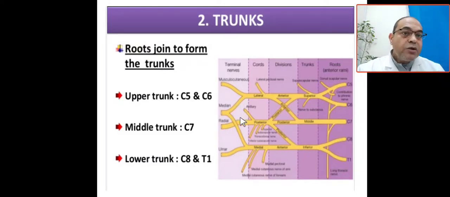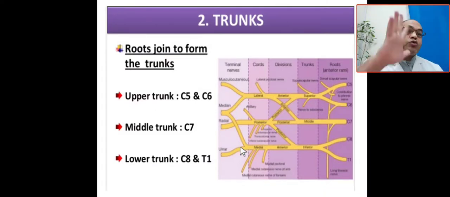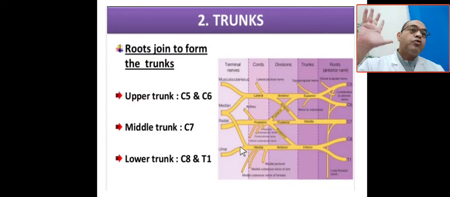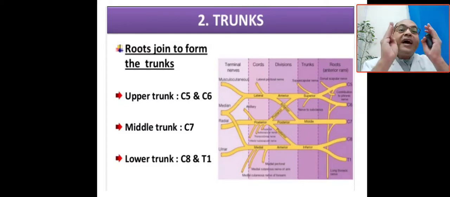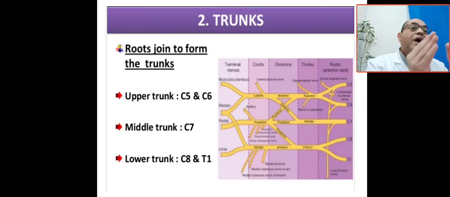The middle trunk is C7, common with scapular winging. And the lower trunk, C8 and T1, is Klumpke's paralysis. It will be associated with claw hand, or ape hand, and also an absent grasp reflex because of weakness of the hand, or weakness of the thenar muscles of the hand. So you have to know the site of the lesion before you answer this question.